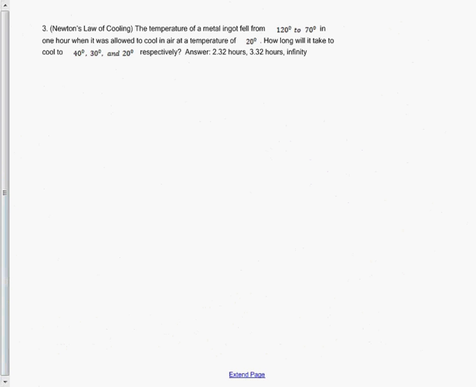Any questions there? Oh yeah, there's one, Newton's law of cooling. Since they tell us that we're using Newton's law of cooling, it says that the rate of change of the temperature with respect to time, where capital T is the temperature, is directly proportional, with some constant, to the difference of the temperature of the object you're considering minus the temperature of whatever surrounds it.